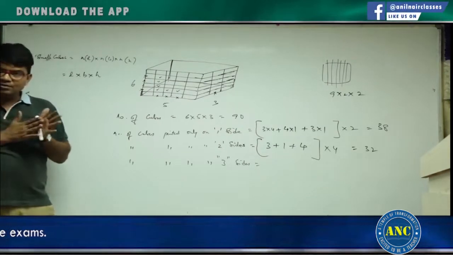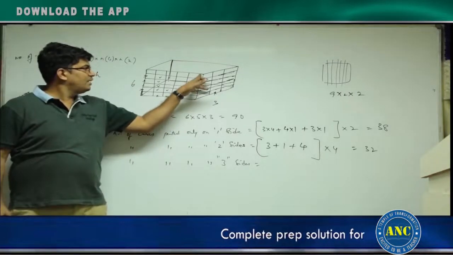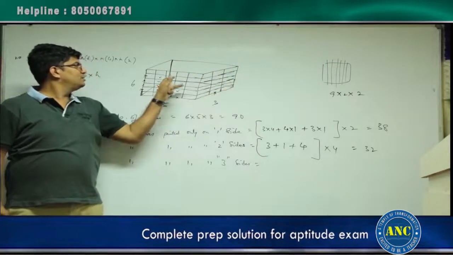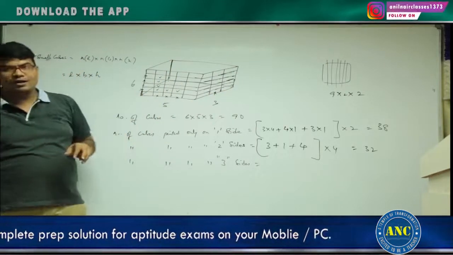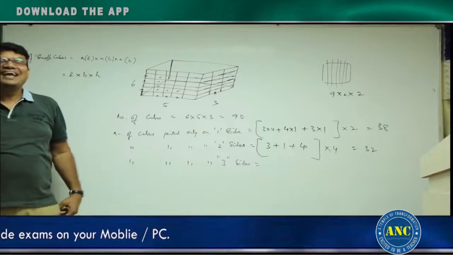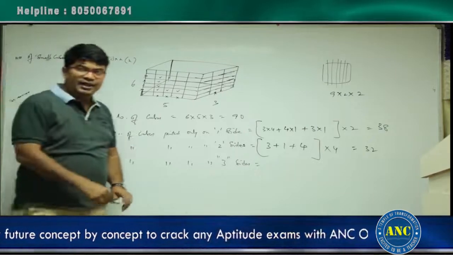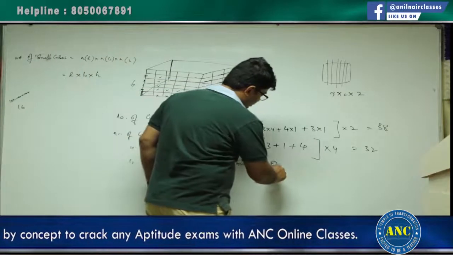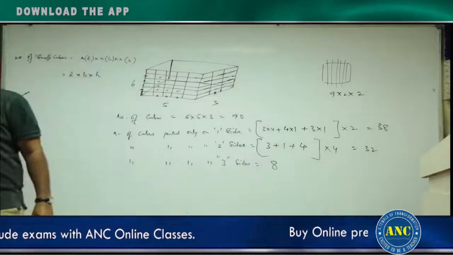Why 8? They are the corners. This one, this one, this one, this one, this one, this one, this one, this one. How many are there? 8. So all 3 sides, how many will it be? 8 corners.